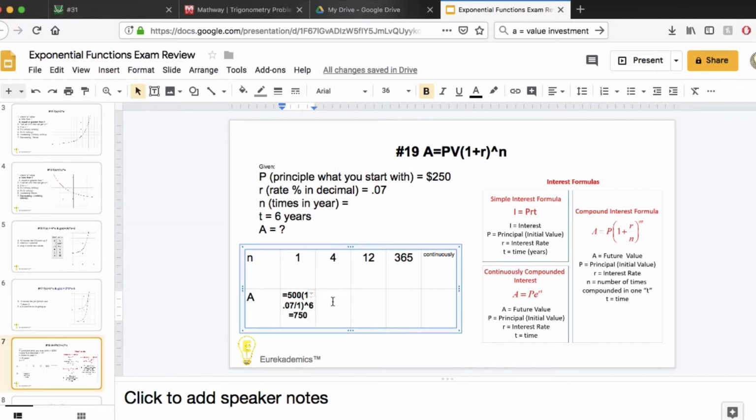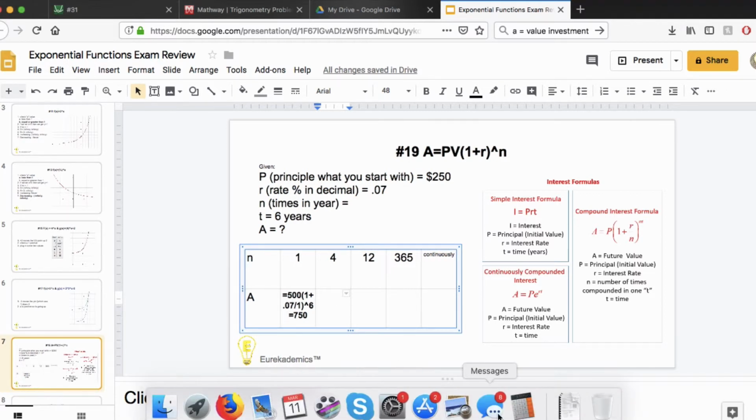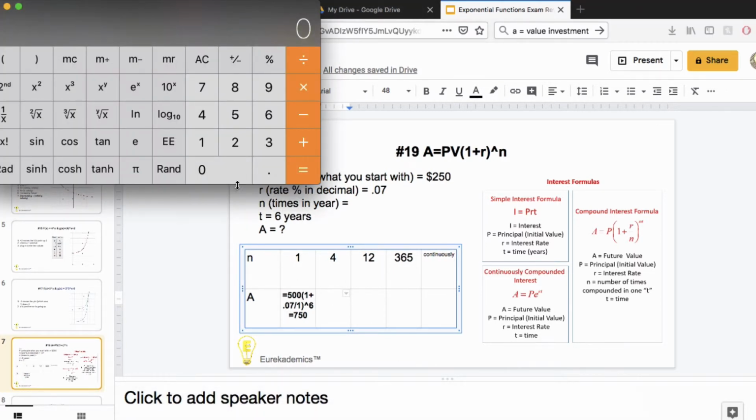So now for the 4 calculation, you're going to do the same thing, okay? We're going to do 1 plus the rate of this number, the 4, that's n. So let's take our rate right here, r, and divide that by n first. So 0.07 is the rate. That's where I'm going to start. Now I'm going to divide that by this 4.